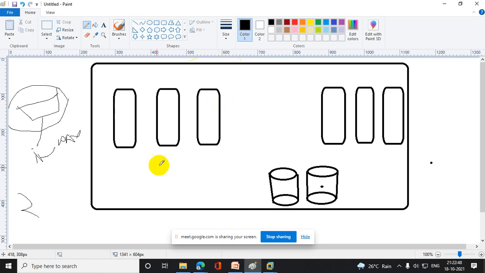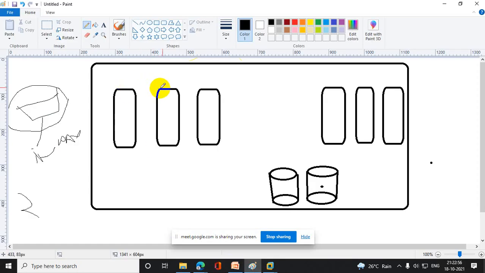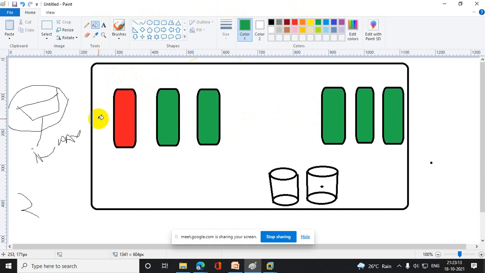Okay, perfect. Now in vCenter options, let's talk about the physical machines. Let's say this machine is having a problem. Maybe the CPU is highly utilized, because all these machines' CPU is green, which means healthy. If one machine's CPU is highly utilized, that means the resource is in bottleneck.